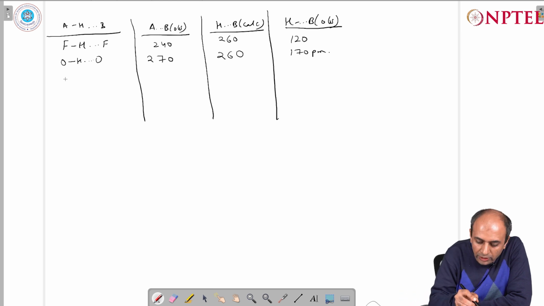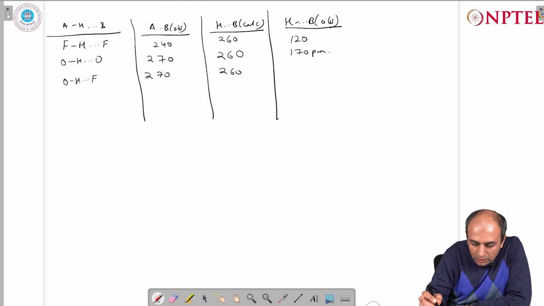When we go to OHF, this is 270, 260, this is 170 picometer.